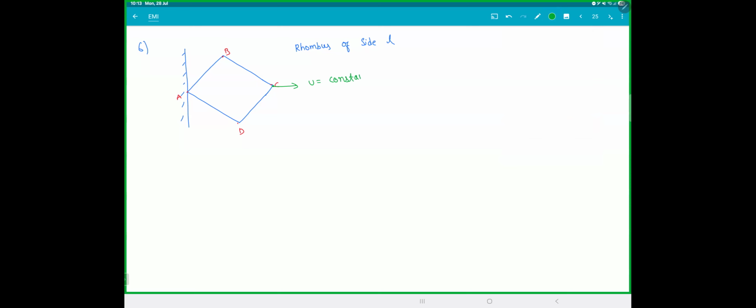You know what will happen, right? If you pull like this, after some time the shape becomes like this, and eventually this is how it would start looking.